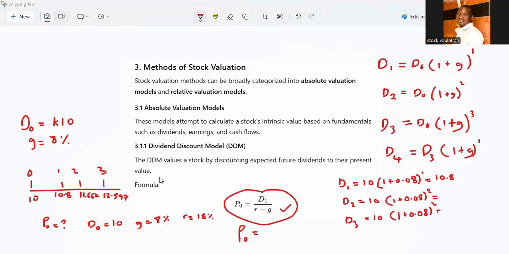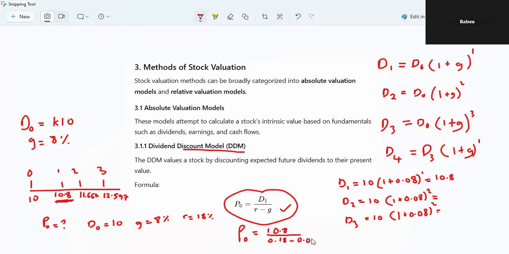So the value of stock now, this is what we call the dividend discount model, calculating the value of stock. It is D1 over R minus G. So what is our D1? We calculated our D1 here: 10.8. If you don't know D1, you recalculate it as D0 times 1 plus G. What is our market rate? 18%. And what is our G? 0.08, 8%.